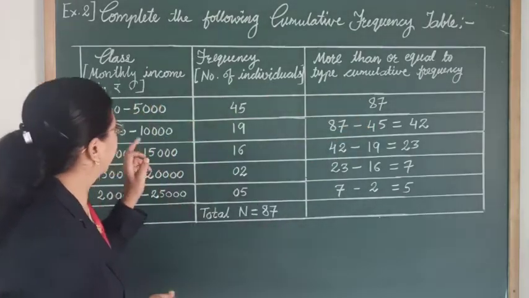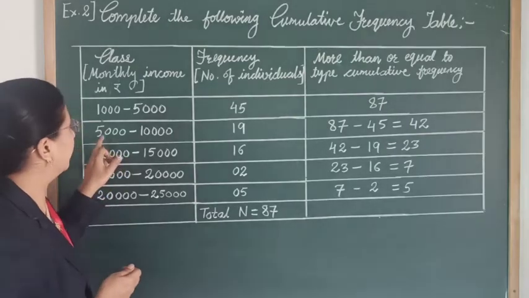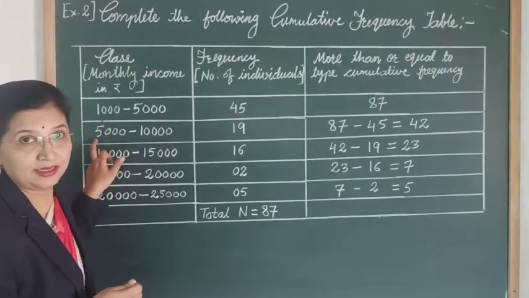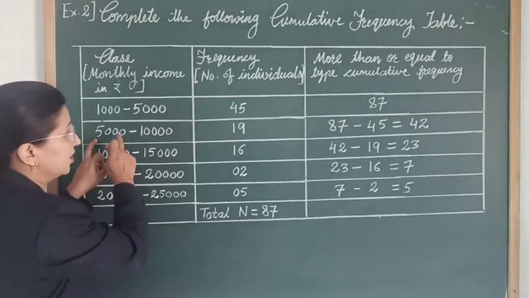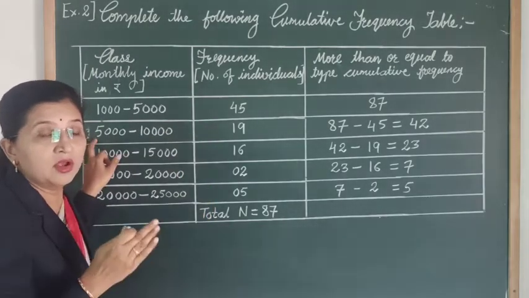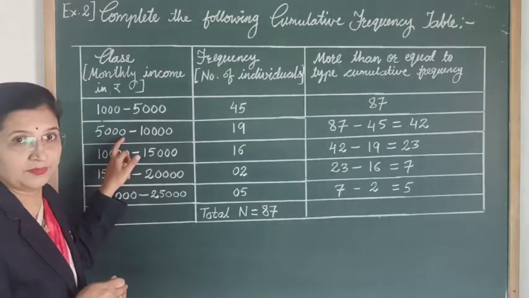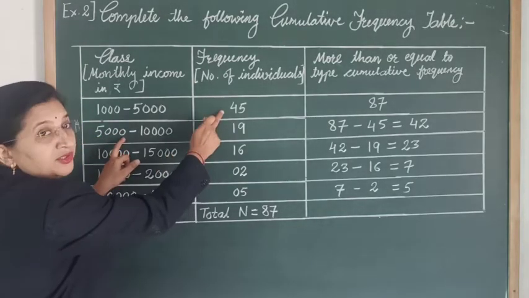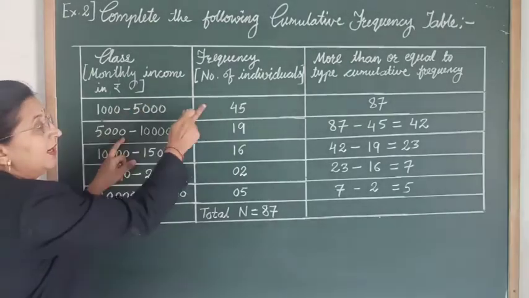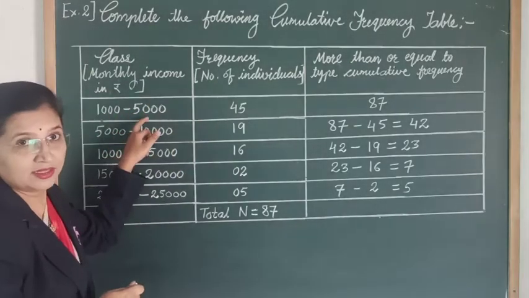Then, how many individuals have a monthly income of more than 5,000? Dear students, all these individuals are there with a monthly income of more than 5,000, but we are not going to take this first class because it is less than 5,000.